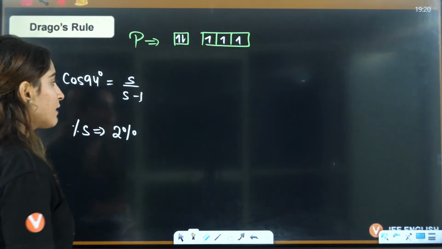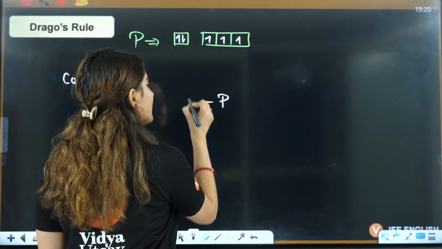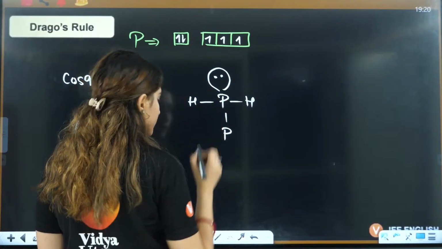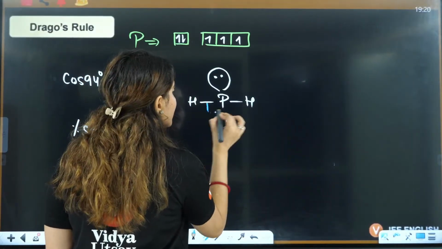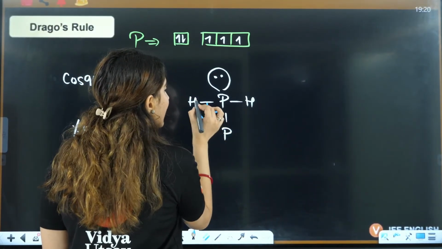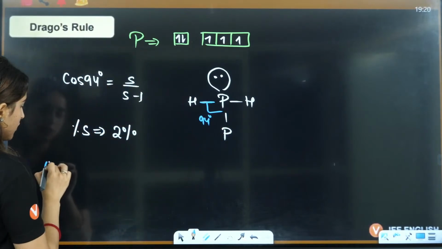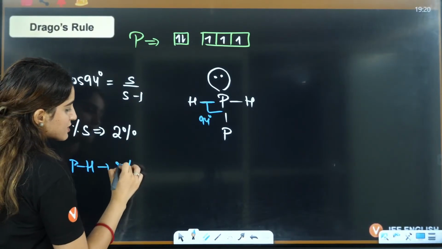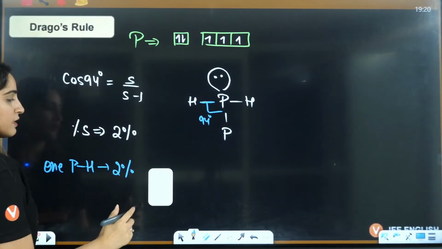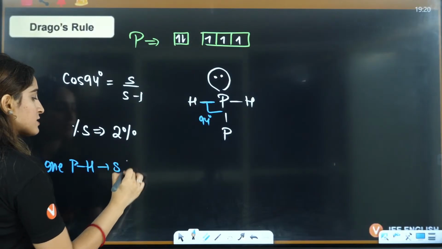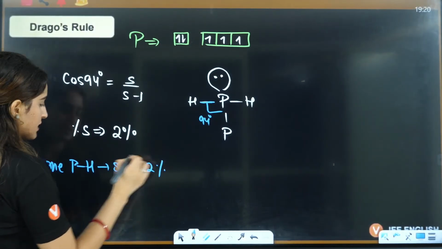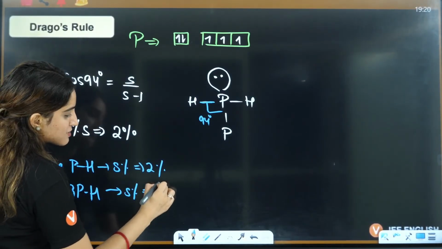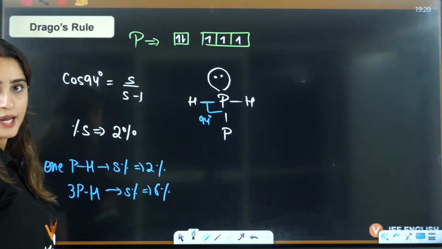If I draw here P, H, H, H and the lone pair, with this angle 94 degrees, one P–H bond will have 2% s character. For three P–H bonds, the percentage s character will be 6%.